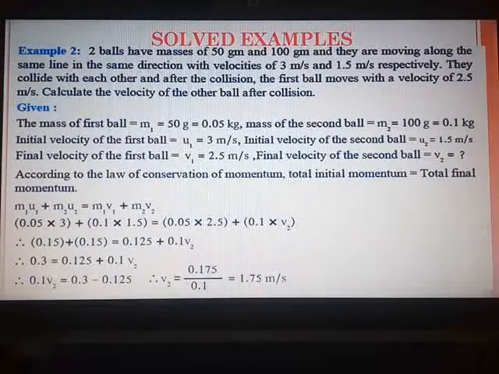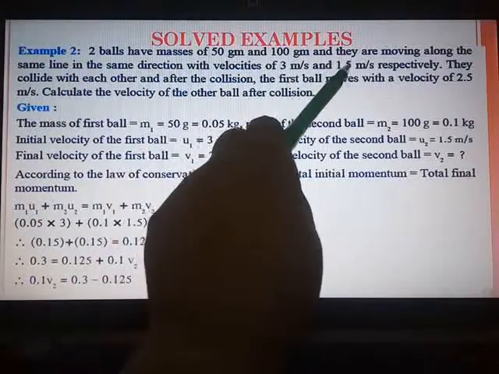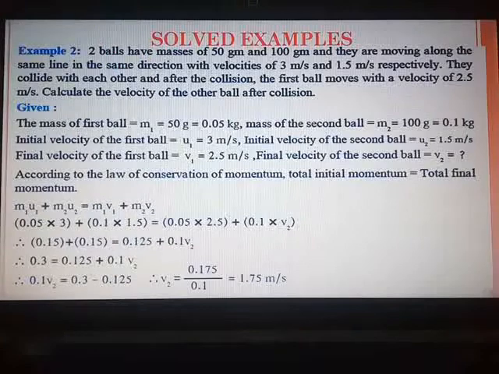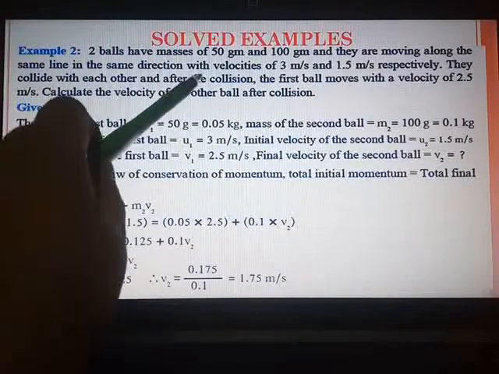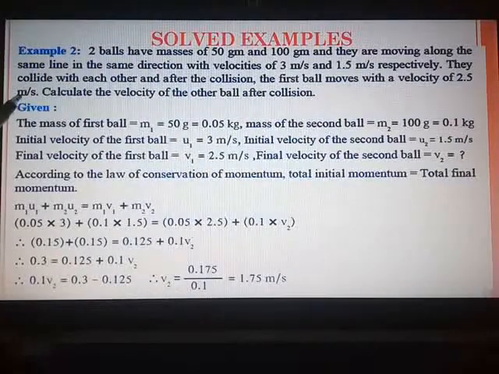They collide with each other, and after the collision the first ball moves with a velocity of 2.5 meter per second. Calculate the velocity of the second ball after collision.